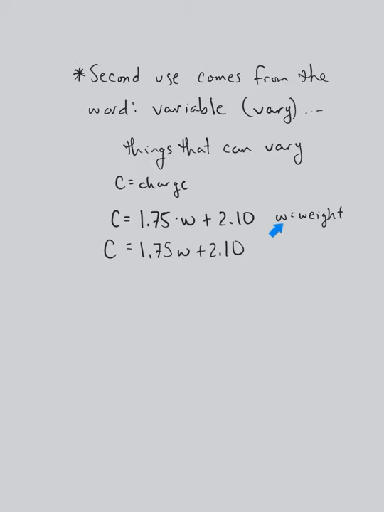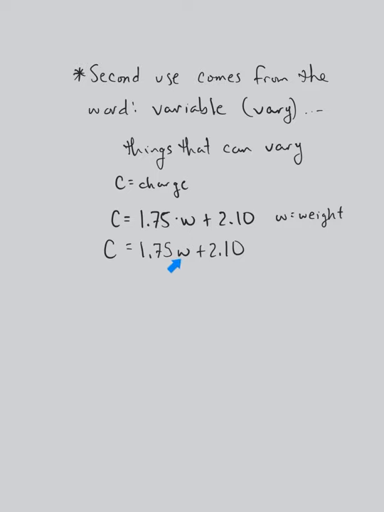One day you go in and you ship a package that maybe weighs 1.2 pounds. All right, but then another day you go and ship another package that weighs maybe 5.6 pounds or something like that. So that weight can vary. All right, and so one use of these expressions or use of variables allow us to do is I can look at the charge that I'm getting for different weights.